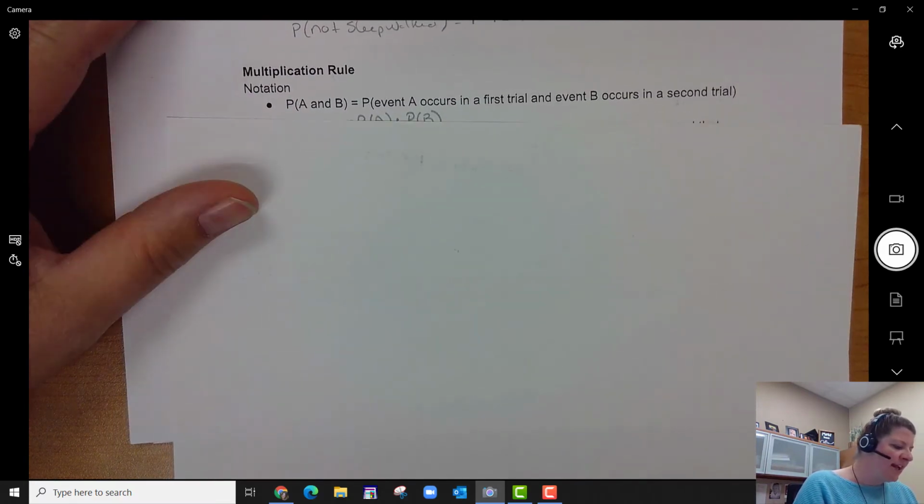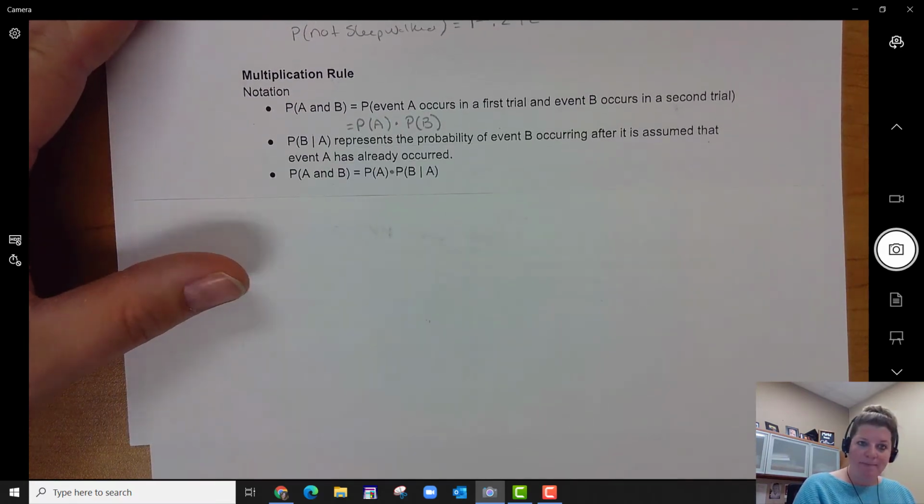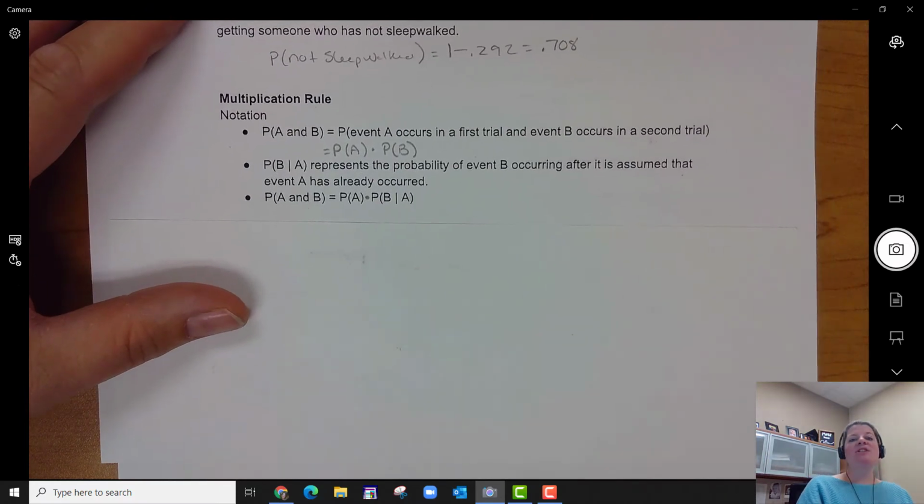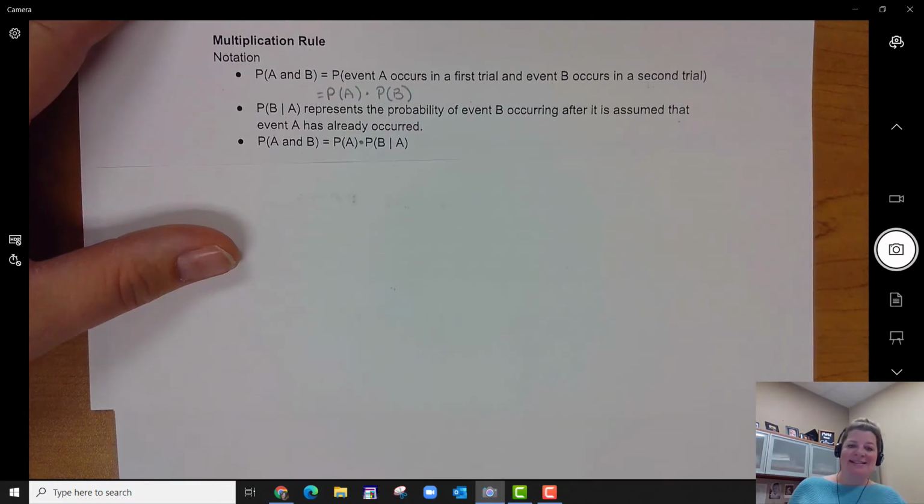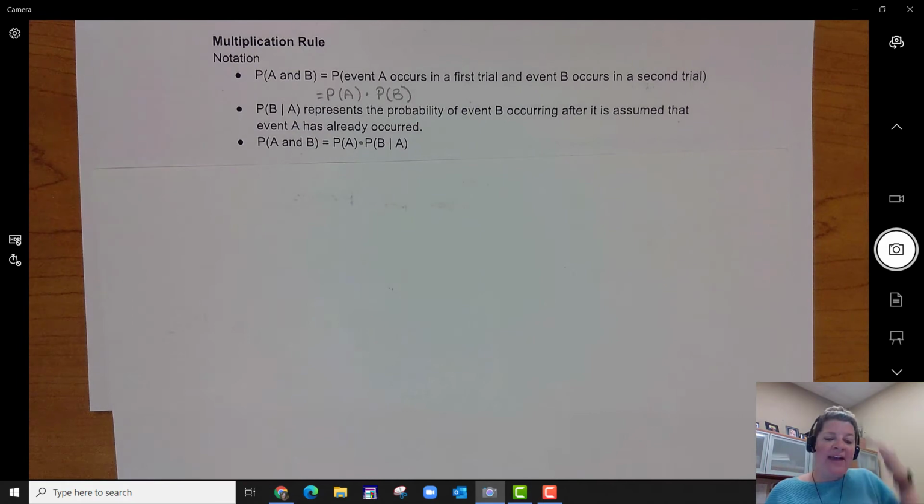So let's start to look at this multiplication idea. Our multiplication is now in our and. Probability of A and B, we have to multiply those together because you want both to happen. It's a lot less likely to have and than it is or; with or you're adding everything up and you have more likely. This and is harder.